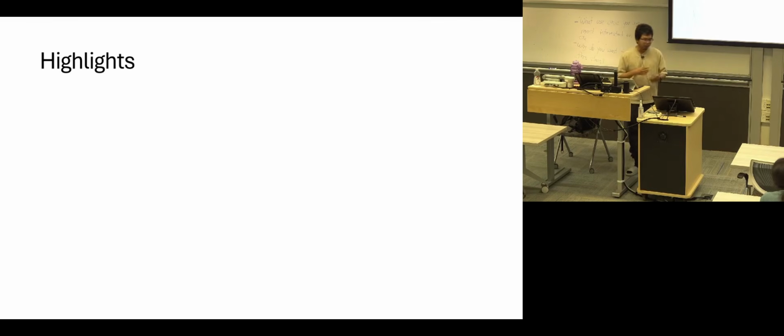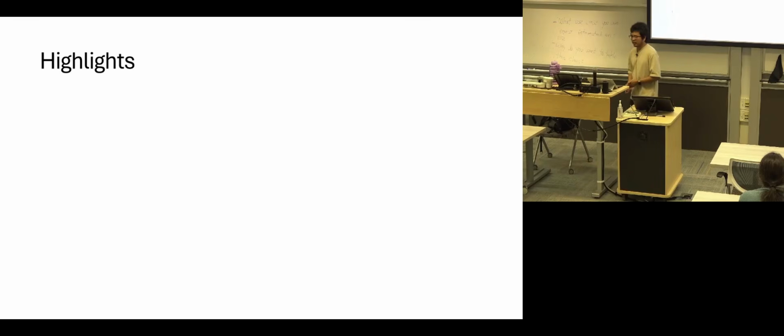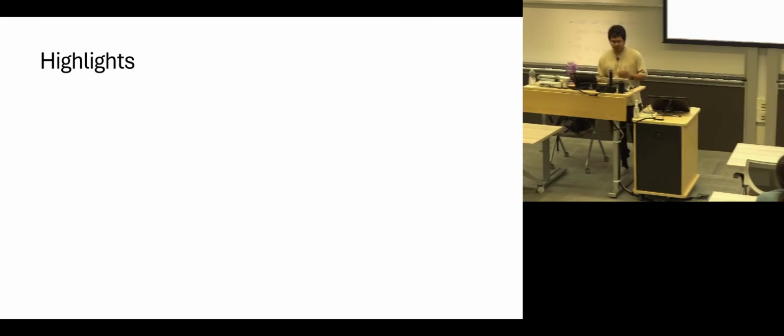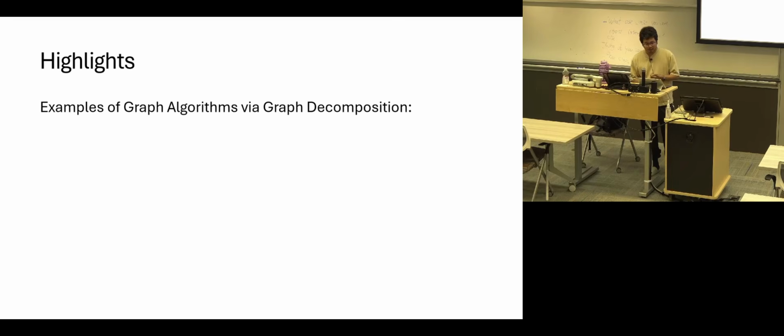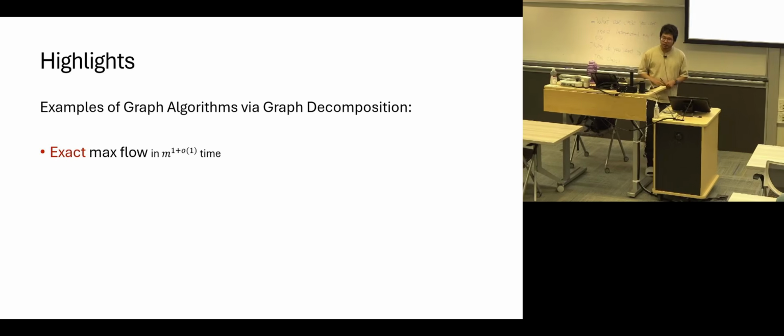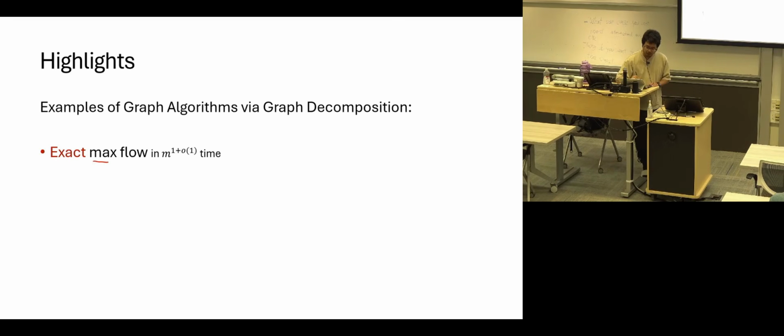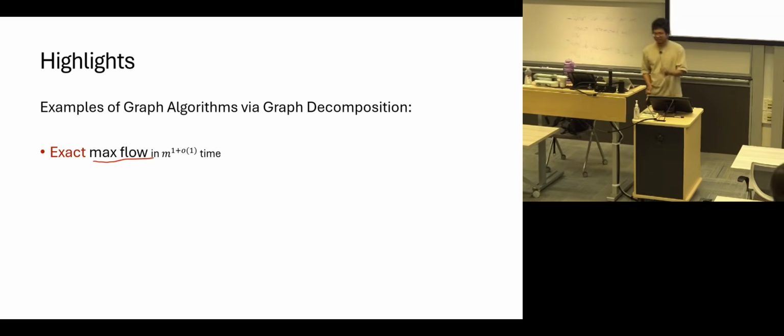And let me give you some highlights from the last few years. This technique, graph decomposition, has given some really nice results in the past few years. For example, the Max-Flow problem. I didn't define it yet, but it's one of the real cornerstone problems in graph algorithms.